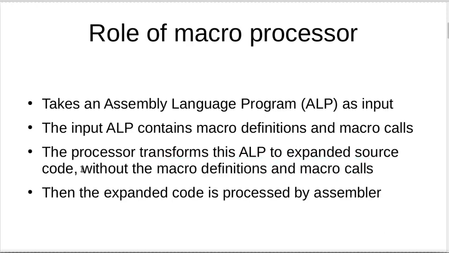Then the expanded source code is further processed by the assembler. So the macroprocessor takes as input an assembly language program which contains the macro definitions and macro calls, and then it processes it by generating an expanded source code, which is further processed by the assembler itself. So this is the role of a macroprocessor.